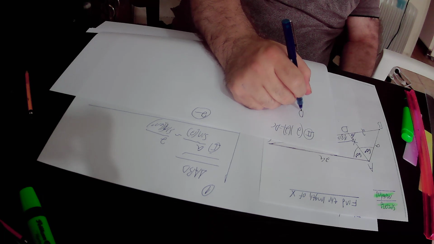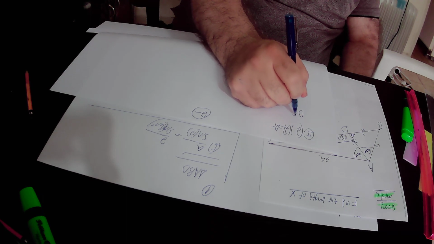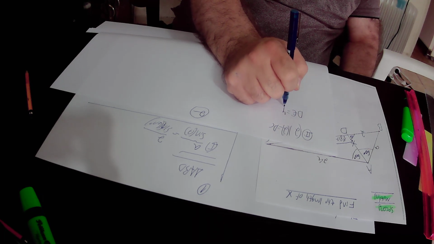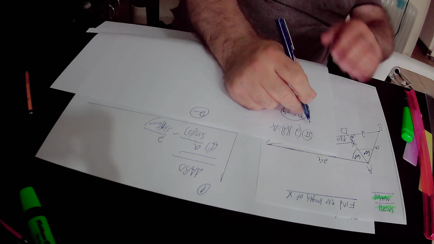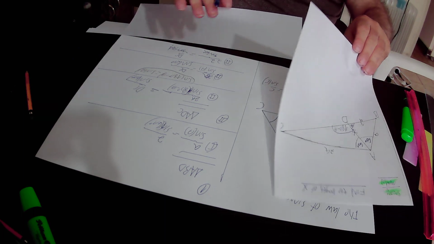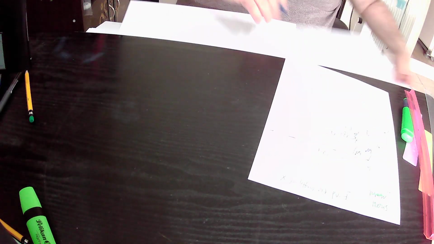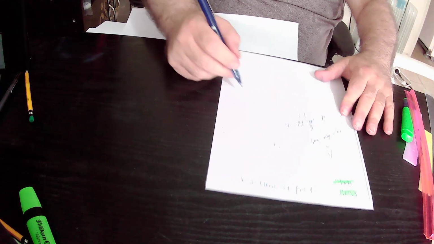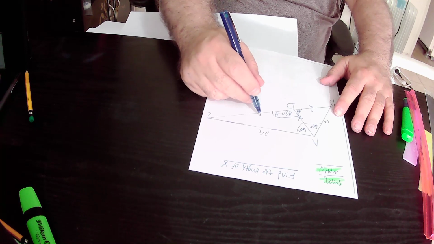So DC equals 2 times 2, that is 4. So we can write here that DC equals 4 units, exactly as we have already found out in the first method.